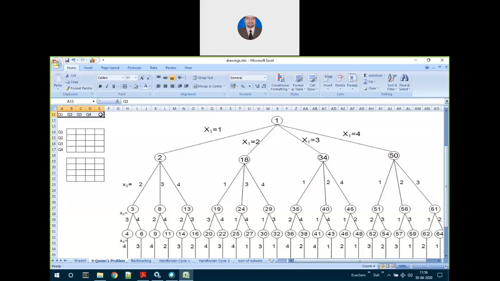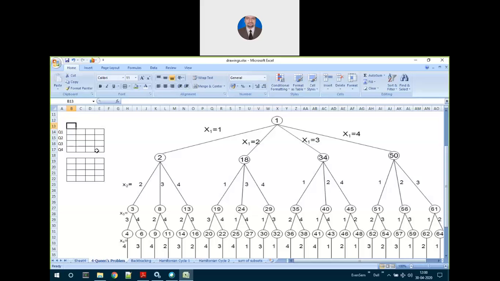If we keep the first, second, third and fourth queens on the first, second, third and fourth rows respectively, then definitely we are taking care of the first rule, that two queens will never be kept on the same row. Then what are the other rules we have here? The other rules are the columns and diagonals. We have to work out how we are going to solve that.